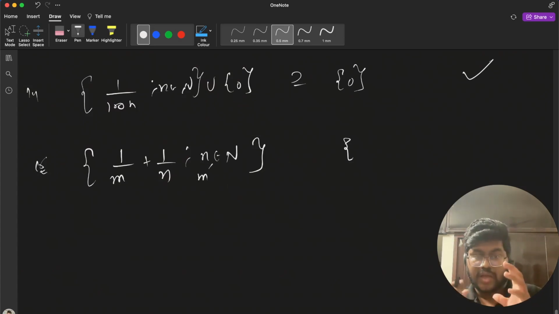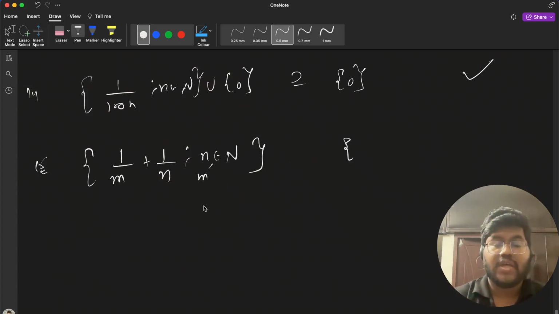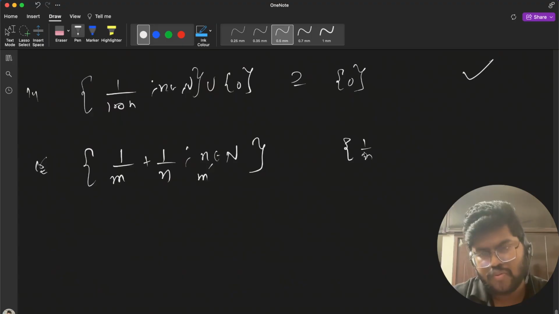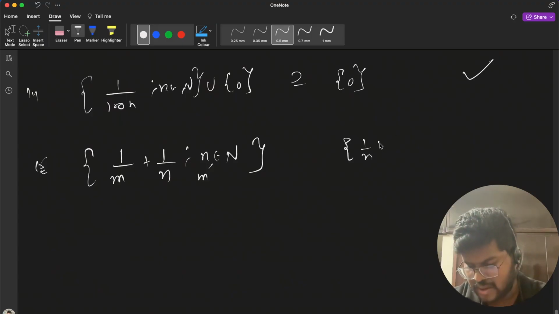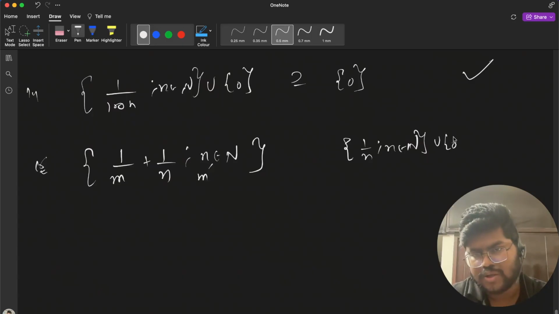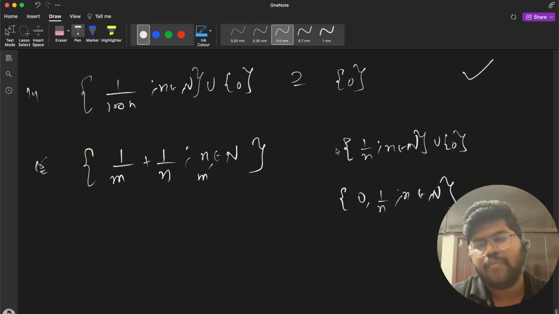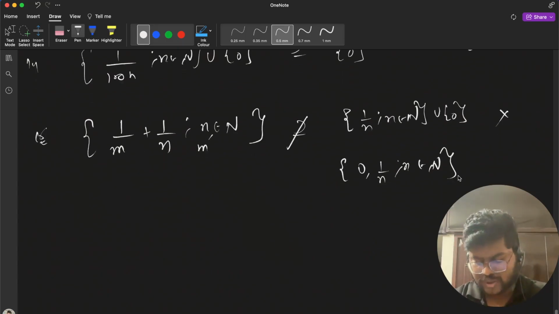We have m and n both, so we have to take one time m and one time n, right? Taking m as 1, the set becomes 1/n union 0, and if I take other than m, then this set becomes {0, 1/n}. In both cases this is not a subset, so it is not a closed set, right?